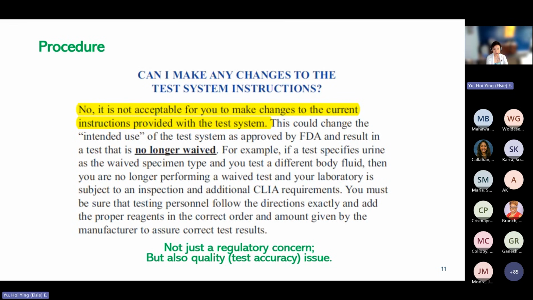The other complication is that if we make changes to the test system instruction, the test will no longer be considered waived. And I will talk about this a little bit later: if we change a test from waived to non-waived or LDT, there is a lot of regulatory work involved. So you can't really just change the test without the provider knowing.